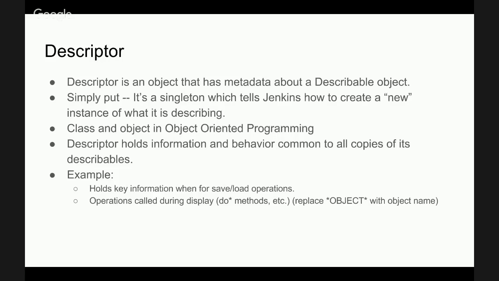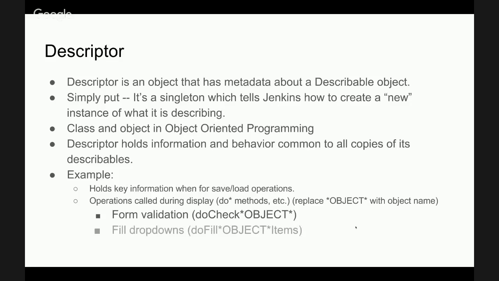It verifies that the field you entered is correct, like the name or the spelling is correct, or if you entered an invalid or valid number. There are these operations like a check method based on the object name itself. And then you can also do things like a fill operation, so I can fill in a drop-down list dynamically.